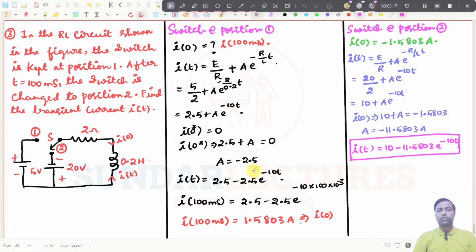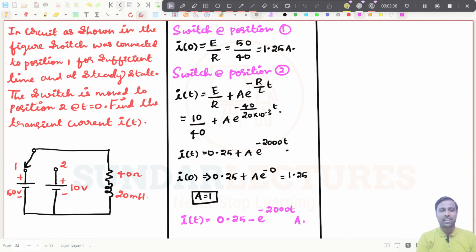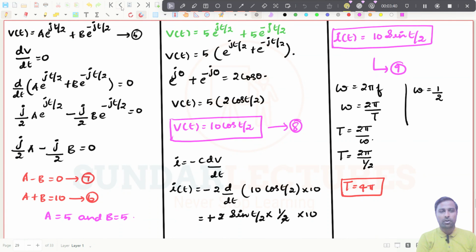Try to solve many more problems on your own. I have taken very simple problems in this lecture because students requested me to solve some simple problems, because that will help them to solve the problems in their examinations. I have solved the problems in lecture number 68, which are a little bit more complicated problems, right?